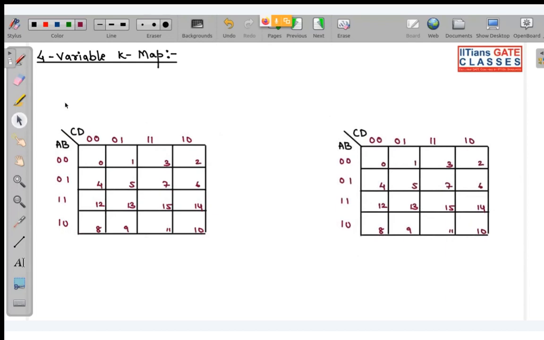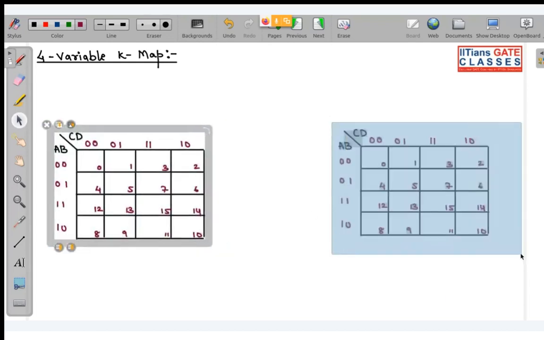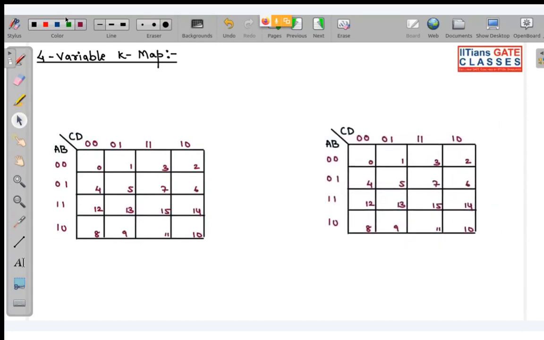Now, let me give you this and ask you first, what will you do? So let me take the first SOP. So group the ones, solve this and tell me.